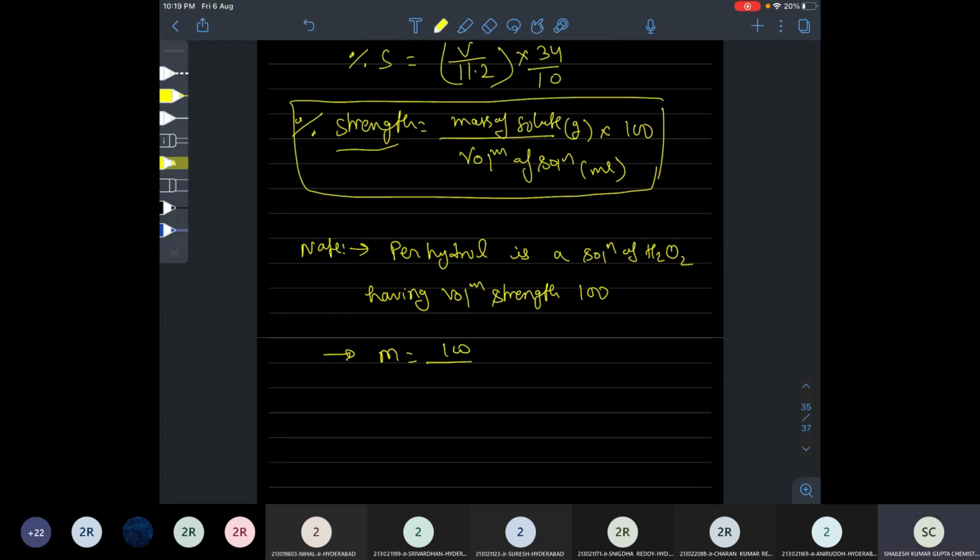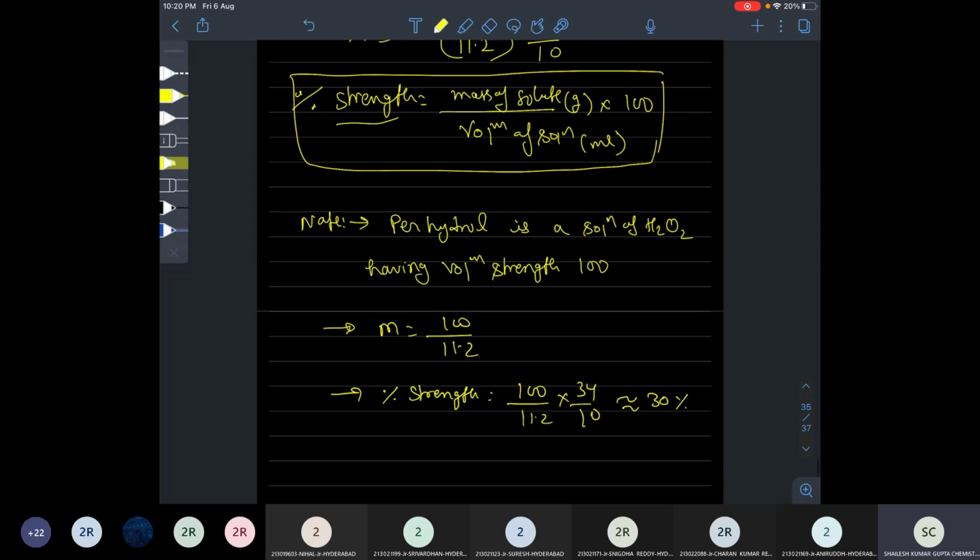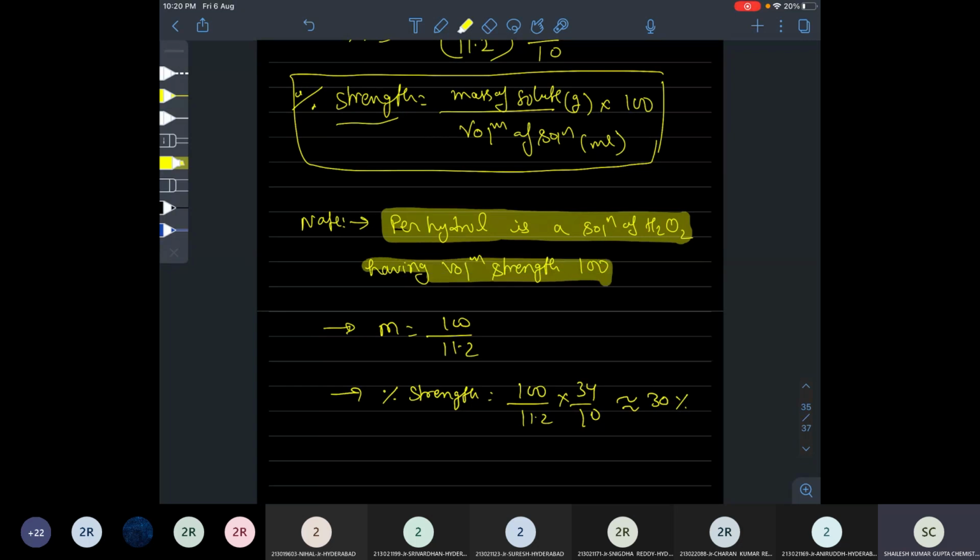Molarity 100 by 11.2. Percentage strength, you can calculate, right? It will be 100 upon 11.2 into 34 divided by 10, approximately 30%. So that's it. Which solution of H2O2? Aqueous solution. Okay, understood.